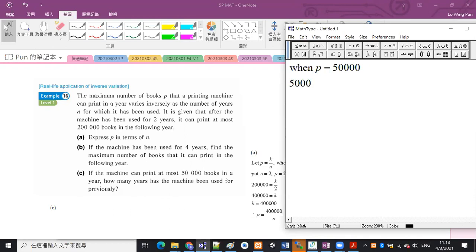So 50,000 is equal to 400,000 divided by N.